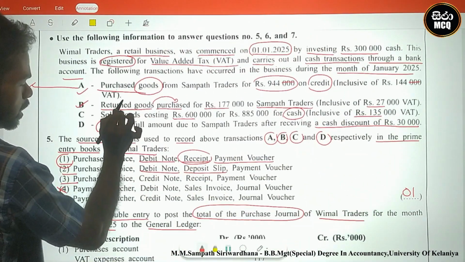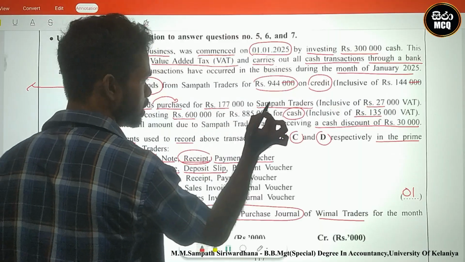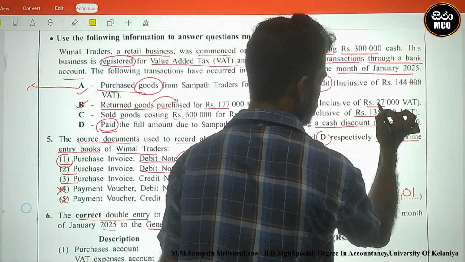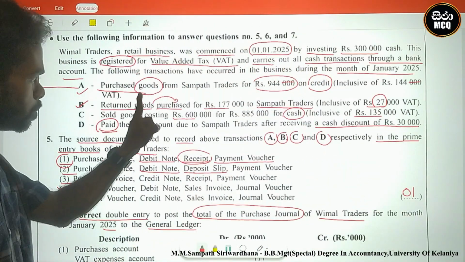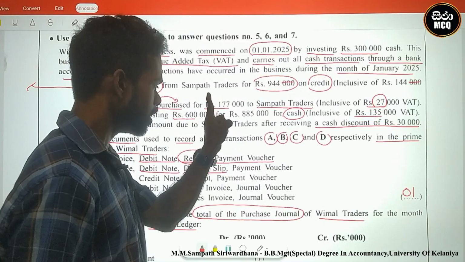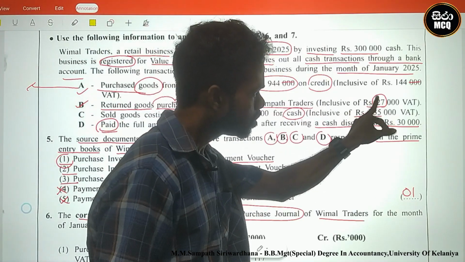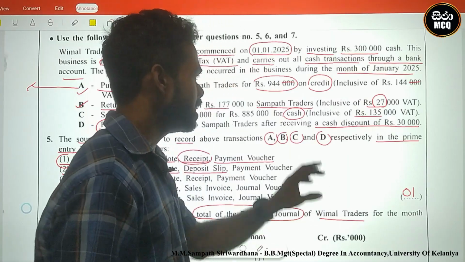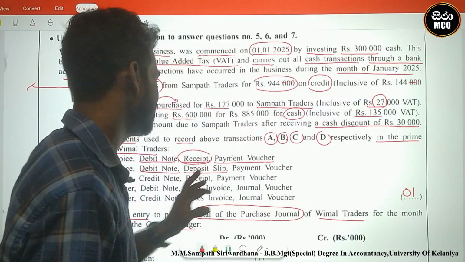Okay, let's see the third one. Return goods purchased from Sampath Traders inclusive of 27 VAT, 177. Inclusive means the 177 includes VAT.